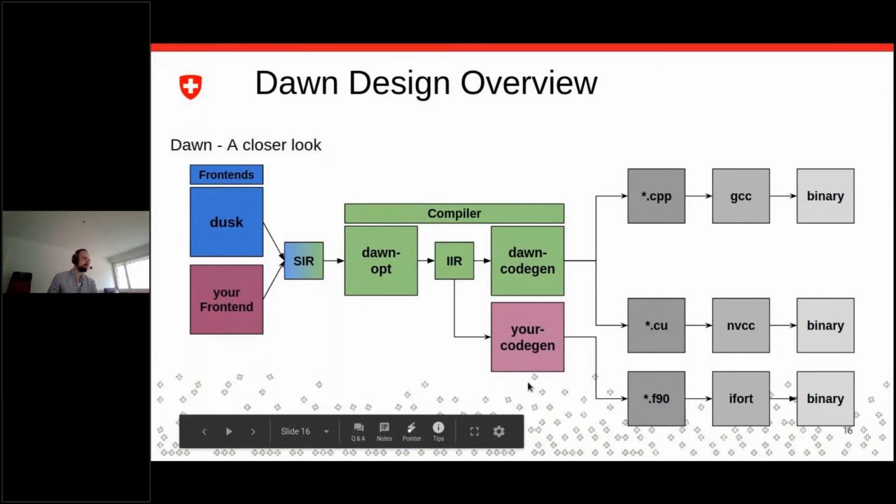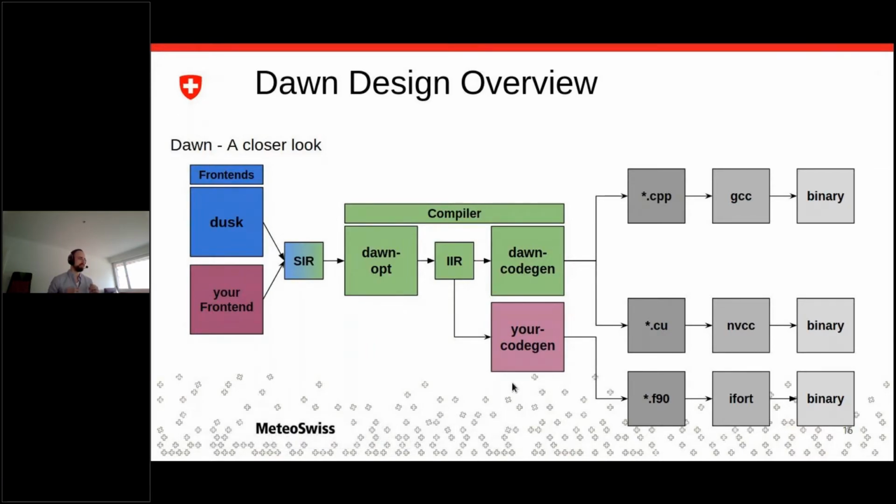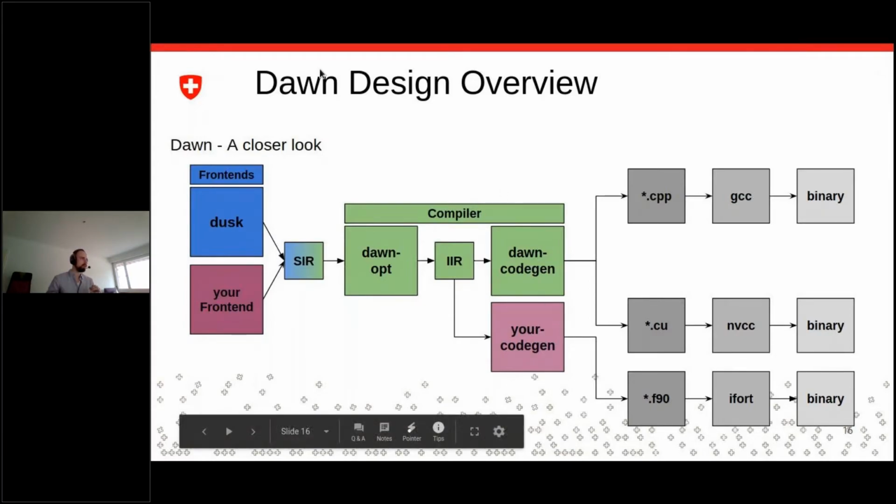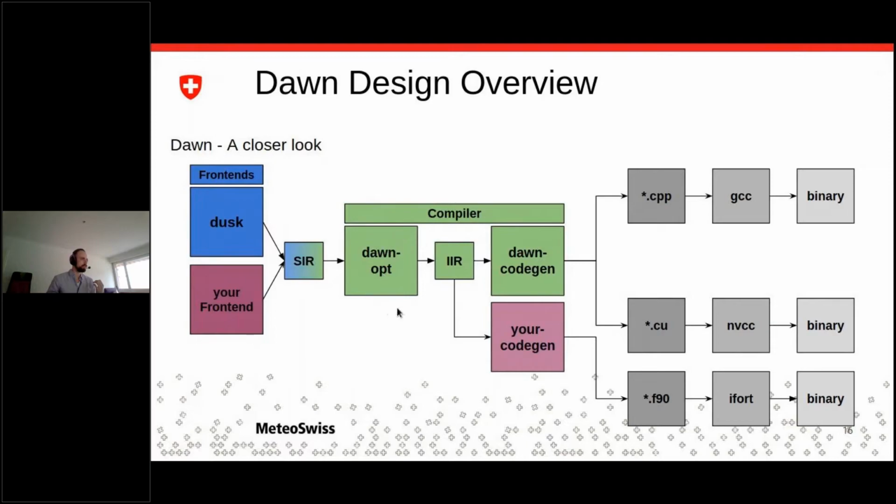This component will work with the internal intermediate representation, the IIR. In this architecture, adding support for new hardware is encapsulated away from all the other parts, from the components that take care of expressing the high-level equations and the component that does optimizations.